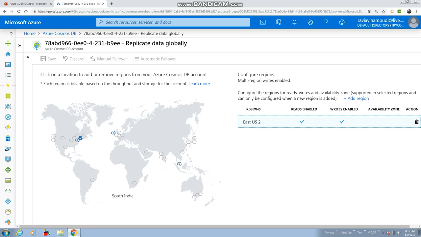The time it takes to make this reflection, I'm speaking in terms of latency, is directly dependent on the consistency level you choose.